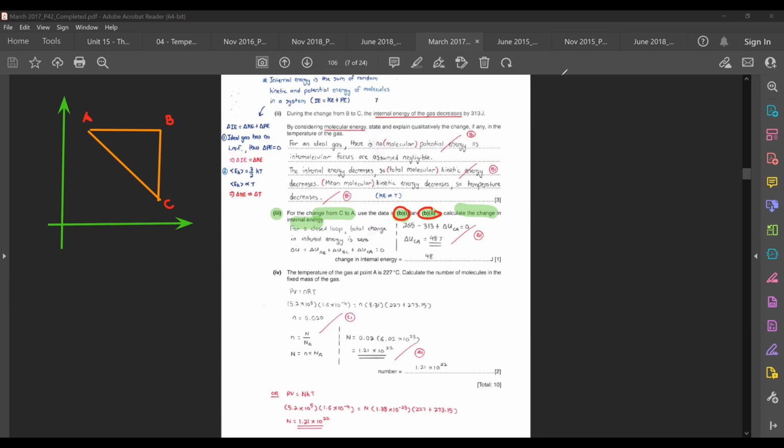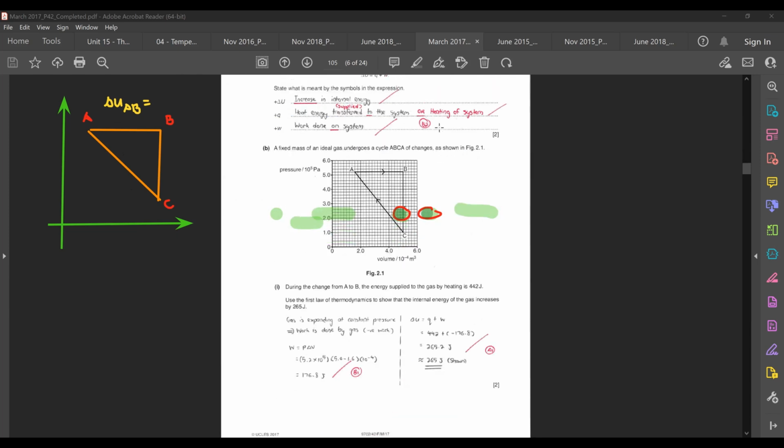So this one, what you did know from the last two questions was actually the changes in internal energy. In part B1, you found out that the change in internal energy from A to B was plus 265 joules.